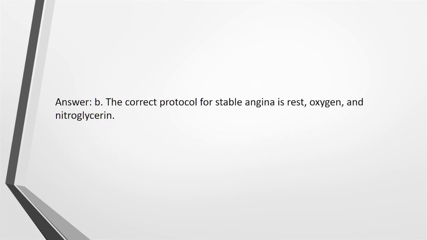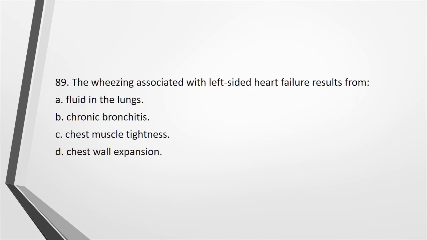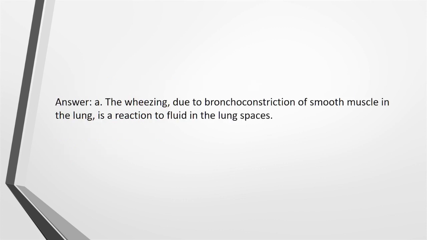Answer. B. The correct protocol for stable angina is rest, oxygen, and nitroglycerin. 89. The wheezing associated with left-sided heart failure results from A. Fluid in the lungs. B. Chronic bronchitis. C. Chest muscle tightness. D. Chest wall expansion. Answer.